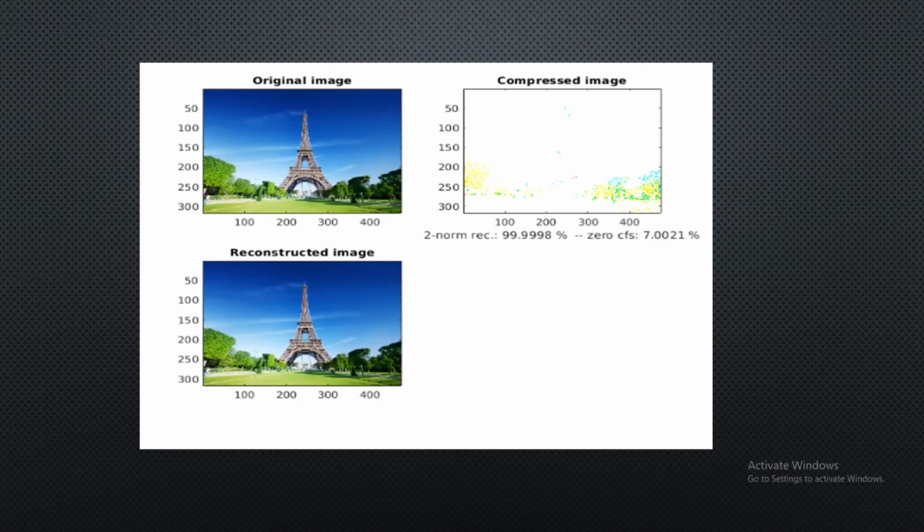But then we reconstruct the image to match the quality of the input image. The reconstructed image, as you see, is very similar to the original image in terms of quality, but the size would still remain the same as the compressed image.